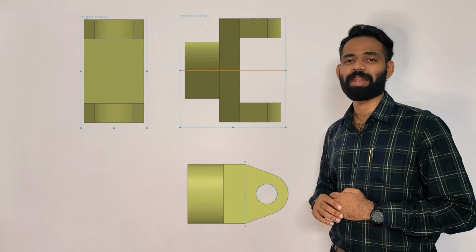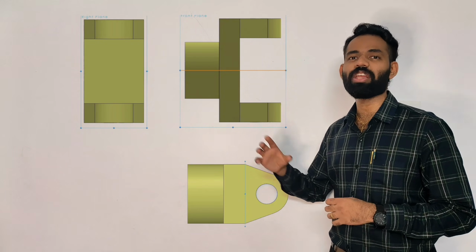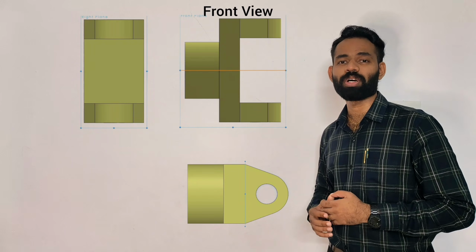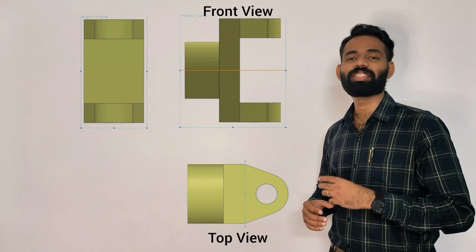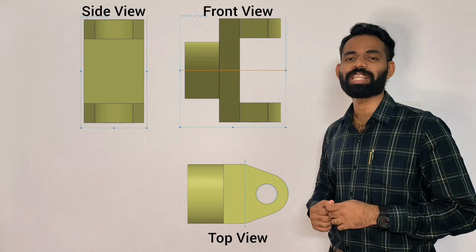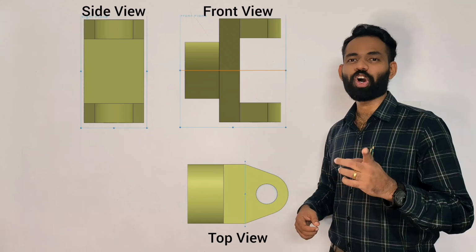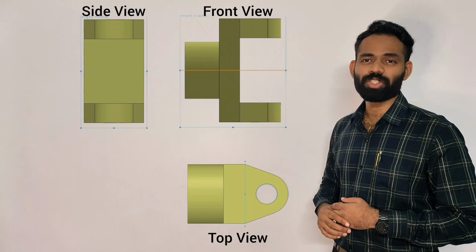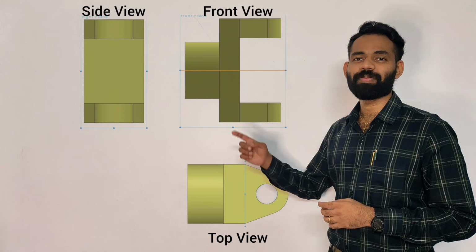Almost all objects can be described using just three standard views. The first one is the front view, the second one is the top view, and the third one is the side view. The front view mainly shows the length and the height. The top view shows the length and the depth. The side view shows the depth and the height.